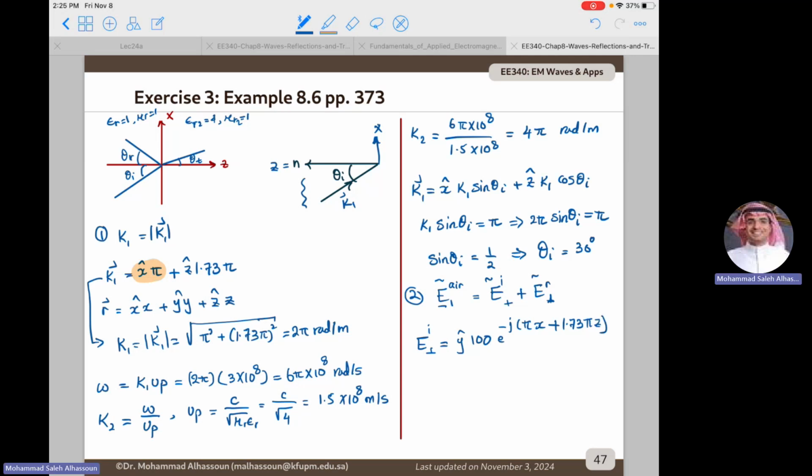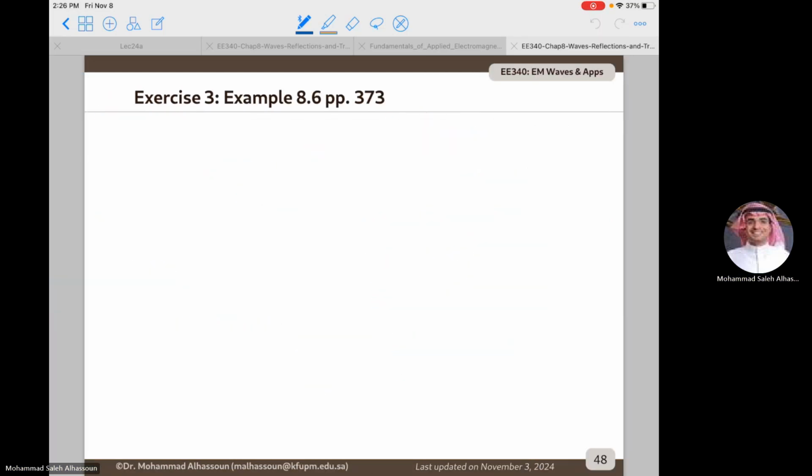We know that the angle of incidence is equal to the angle of reflection. So the reflected electric field is the incident electric field multiplied by the reflection coefficient, e to the power minus j pi x minus, and be careful here, it's minus 1.73 pi z.